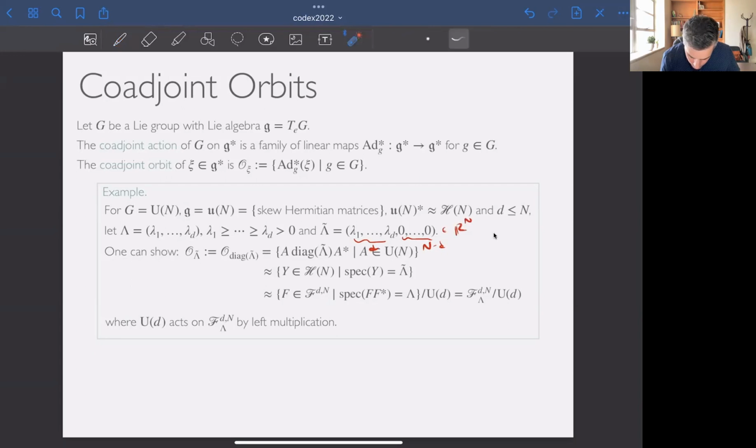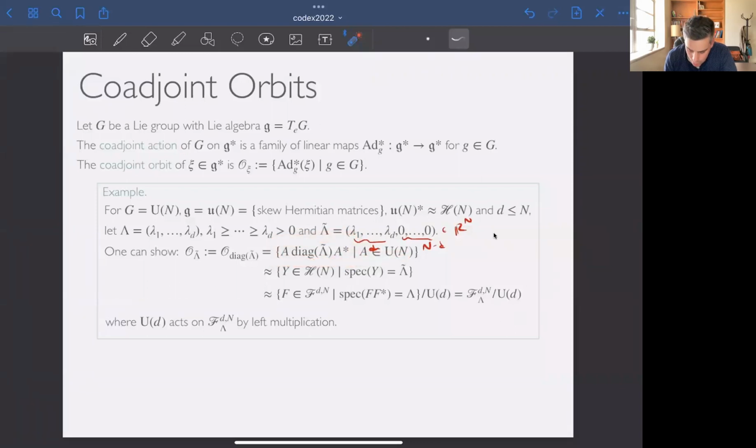Then I can take the diagonal matrix associated with that and look at its coadjoint orbit. I'm just going to shorten that and call this O sub lambda tilde, but really I mean the coadjoint orbit in Hermitians of this diagonal matrix. That should be conjugations of that diagonal matrix by all possible unitaries.